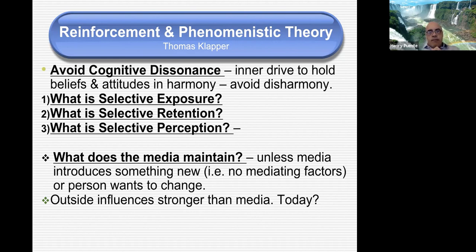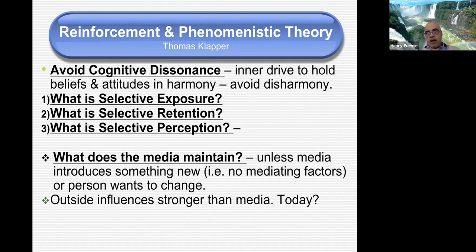So another way of thinking about cognitive dissonance is that if you are a Republican, you're going to watch certain types of programs. Or if you're a Democrat, you're going to watch certain types of programs that are going to keep your beliefs and attitudes in harmony.